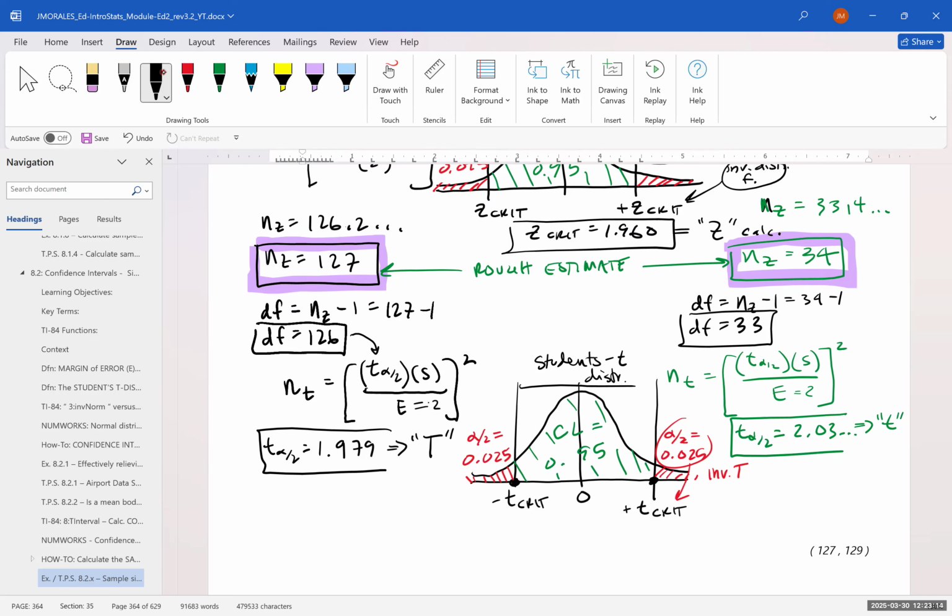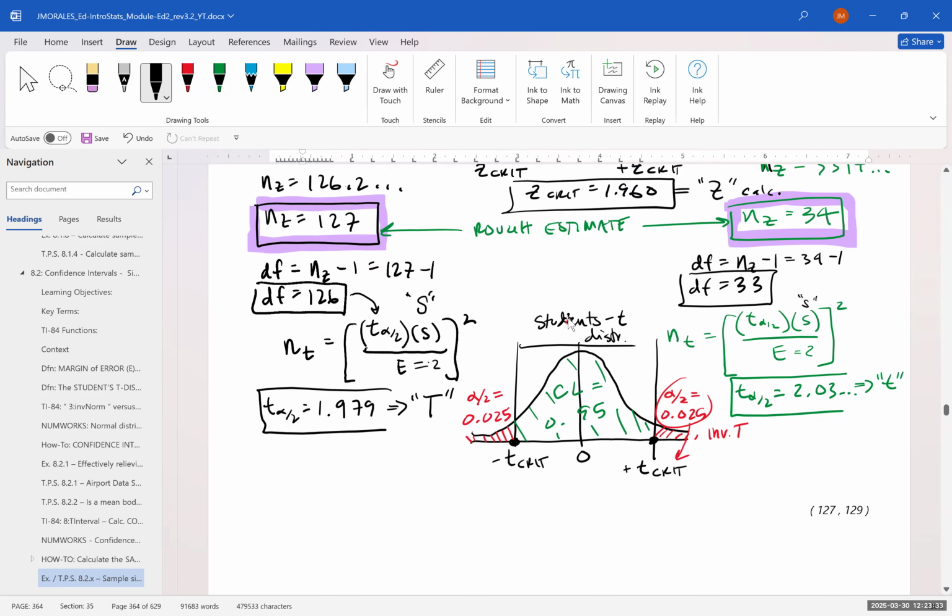So now I just want to plug in uppercase T with uppercase S on the numerics calculator and lowercase t with a lowercase s. And that should give me my new finer estimate using the student's t distribution.